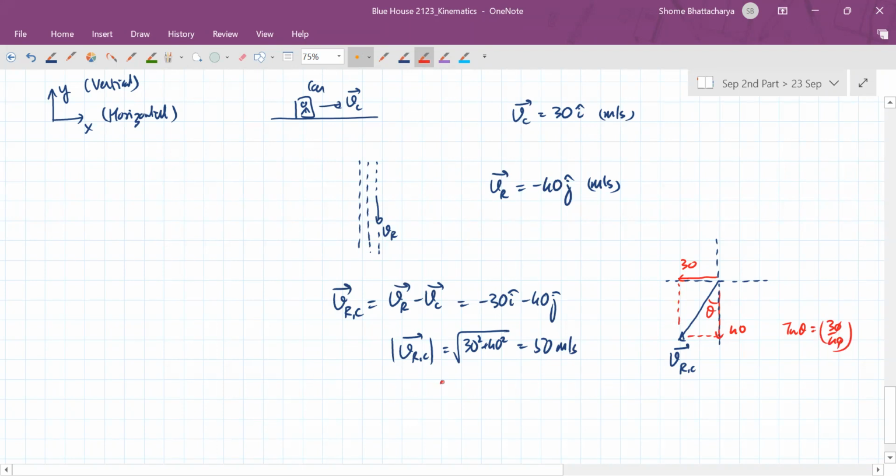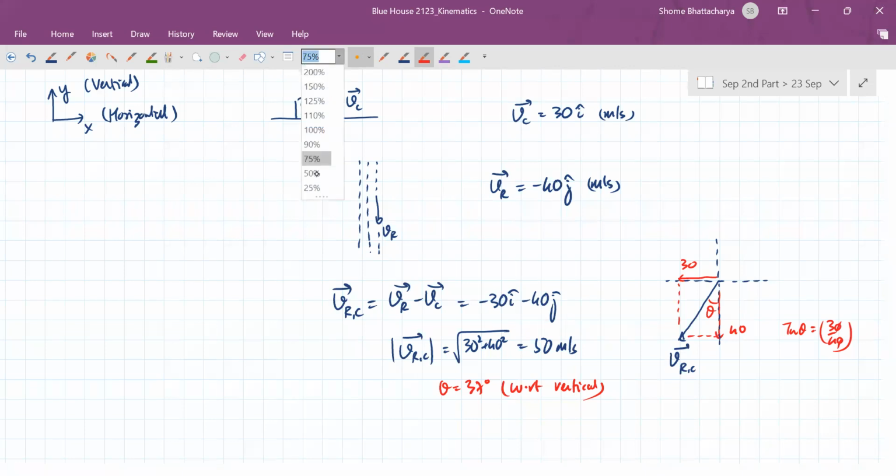So theta is equal to 37 degrees with respect to vertical slant. Okay. So this is one way of doing the question using the component algebra.